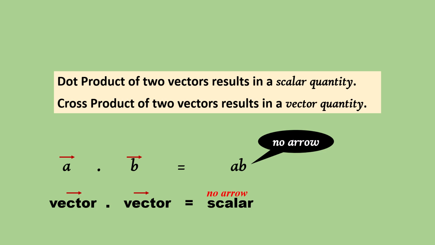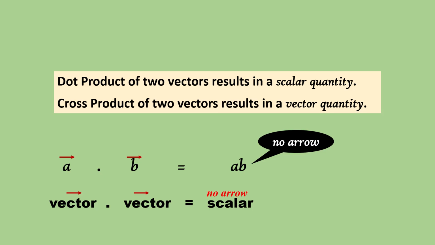So A and B are vectors, but when you multiply, that is dot product, the result AB does not have an arrow because it is scalar. A was a vector, B was a vector, and they had arrowheads, but after multiplication AB does not have any arrowhead because it is no longer a vector. So AB will be just a number.